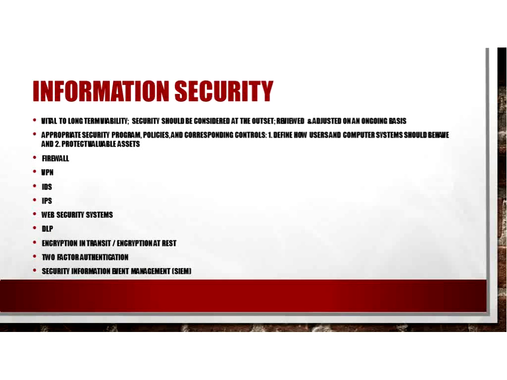Now, information security is very important. We have to ensure and maintain the security of HIS data and applications and the supporting technical infrastructure if we want to have long-term viability. So we need to have appropriate security programs, policies, and corresponding controls in place to define how users and computer systems should behave, as well as to protect the valuable assets that we have.